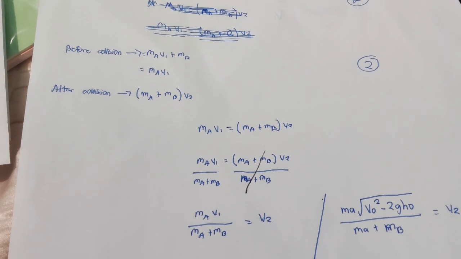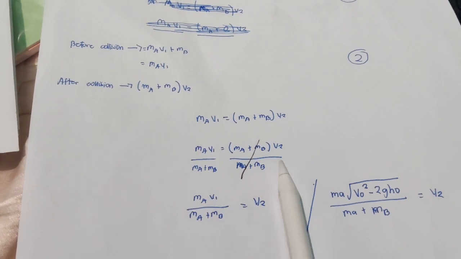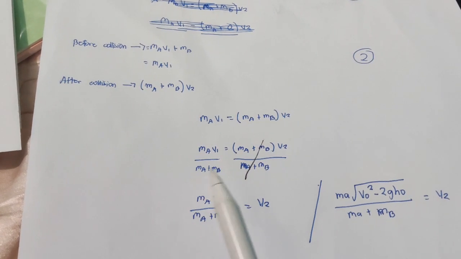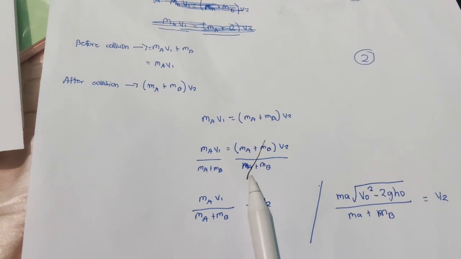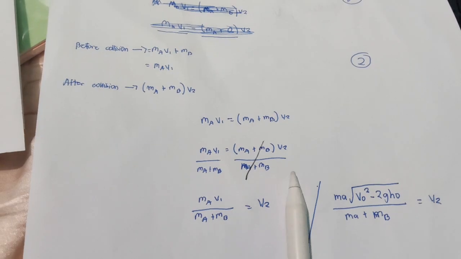To get v sub 2, we divide both sides by m sub a plus m sub b.